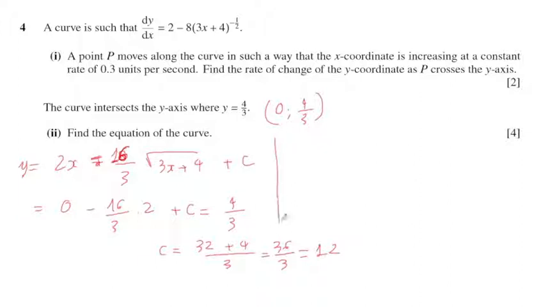So the full equation of the curve will be 2x minus 16 divided by 3 times the square root of 3x plus 4, plus 12, because c is plus 12.